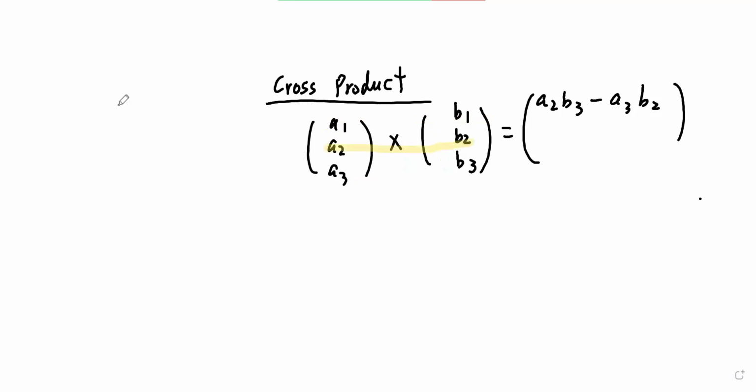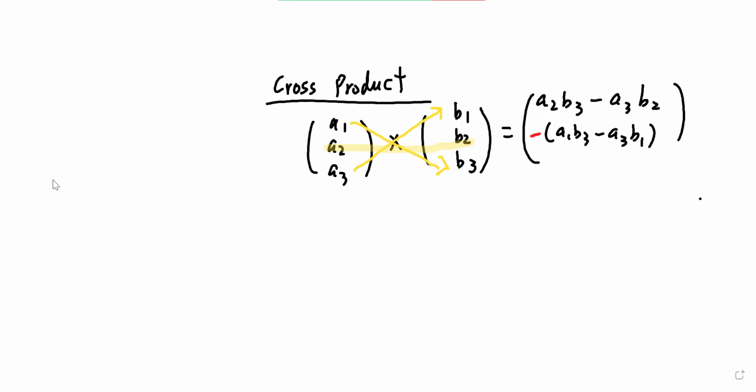Then it will be A1B3 minus A3B1. But you need to put a minus here. Take note, you'll be A1B3 minus A3B1. So bear in mind, there should be a negative here.